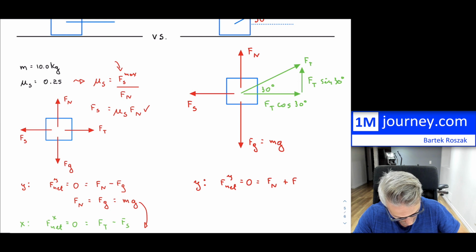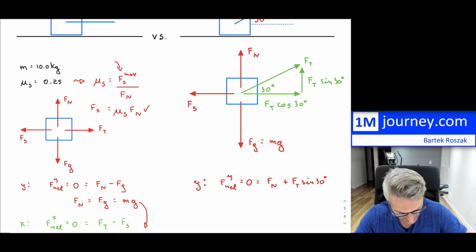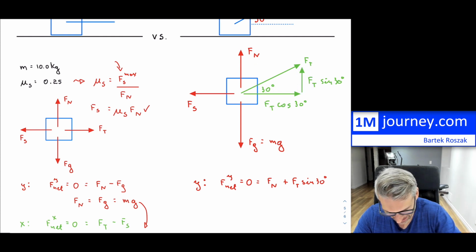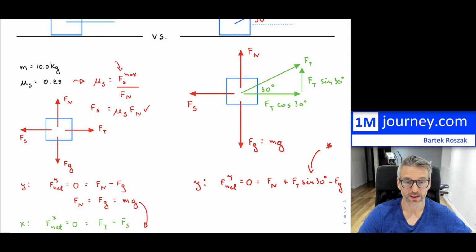This added feature is the component which is coming in from the actual tension, which is upwards. That's going to be this little piece right there. So this is going to be upwards as well. Now, the last piece is, of course, my force of gravity. But this is the extra piece that I didn't have in the previous example.